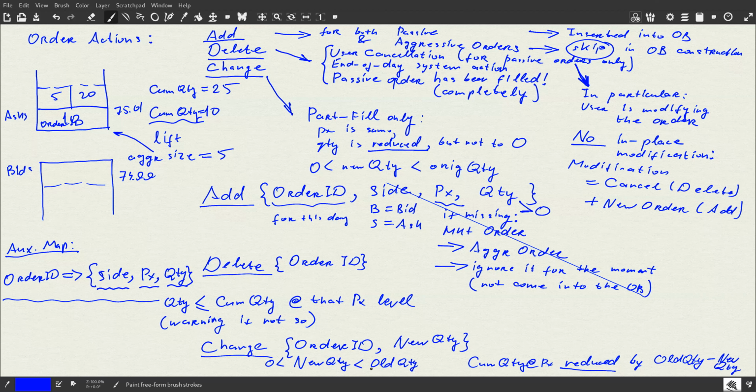We now trust the new quantity, but it may very well be that the new quantity is incorrect. And the order will eventually be filled, and then we'll have a delete of this order.